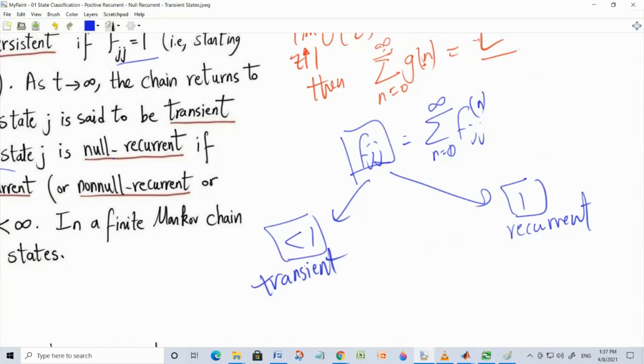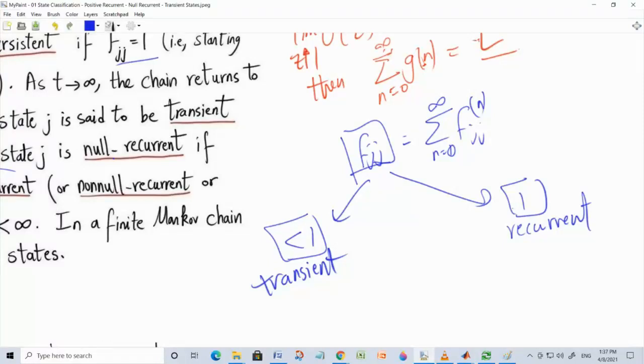A transient state in the context of a Markov chain is a state such that if you start in the state, there is a positive probability, exactly 1 minus fjj, that you will never ever come back to the state in any finite number of steps.